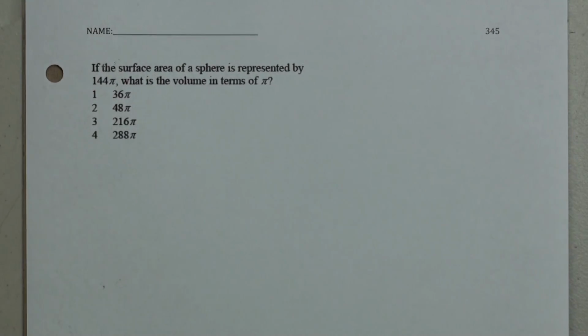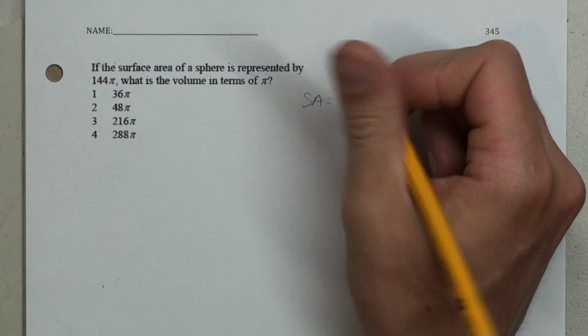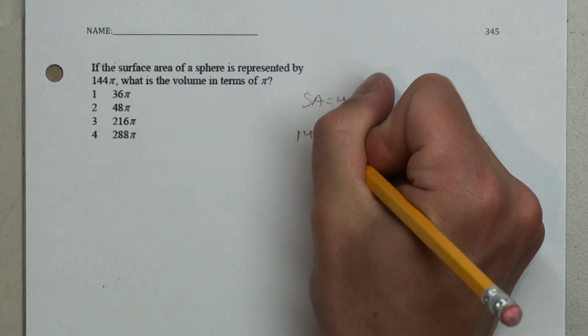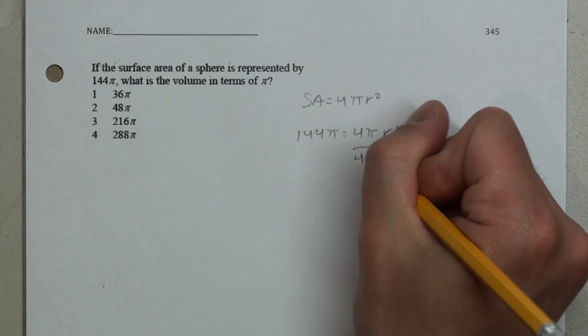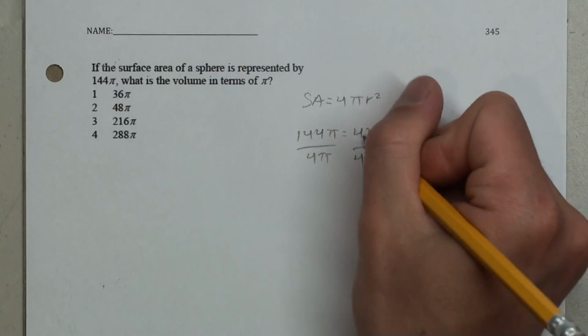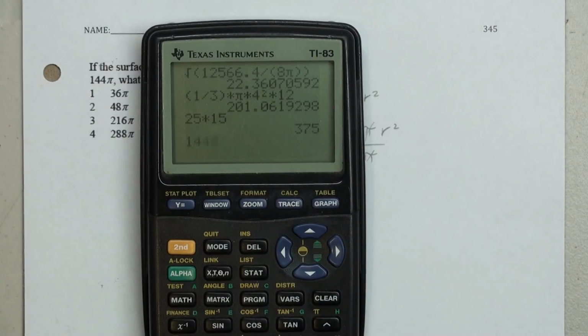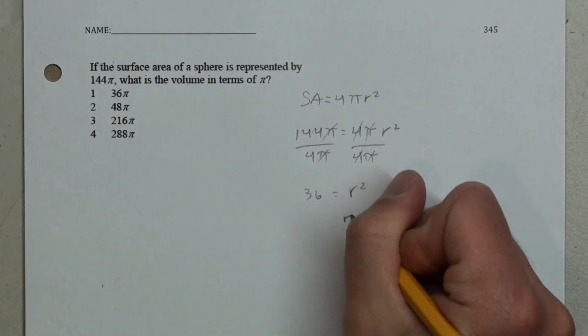Okay. Surface area of a sphere. There was only one cone problem? Two cone problems? Okay. Surface area of a sphere. That's 4 pi r squared. 144 pi equals 4 pi r squared. Divide by 4 pi. R squared equals, what's 144 divided by 4? 36, because the pi's cancel, so 36, so R is 6.